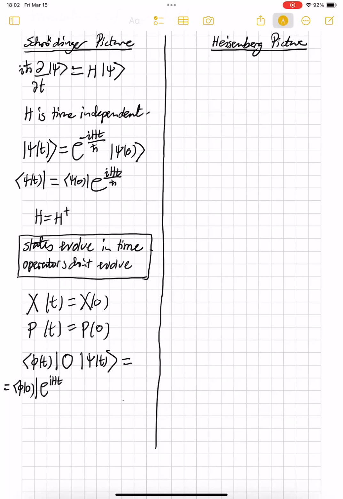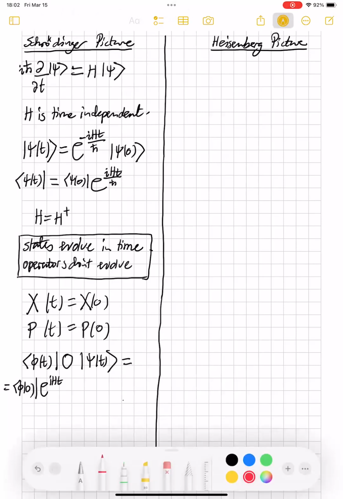I'm not going to write the h bars anymore, okay? So this quantity that I've written is just phi of t. Then I am going to write in my operator O. So that's fine. And then I'm going to write in psi of t.